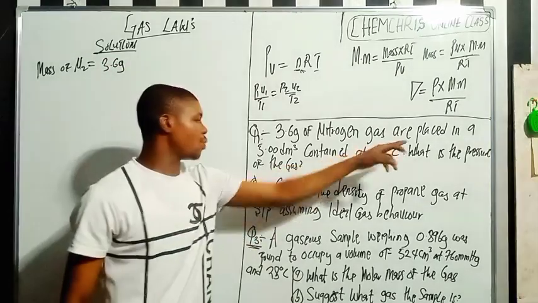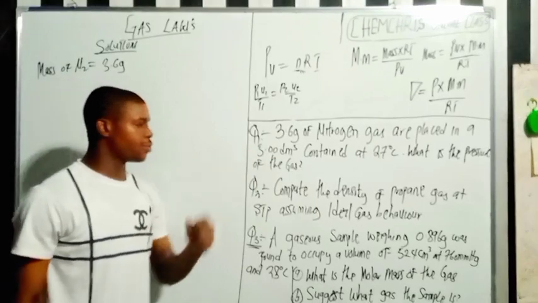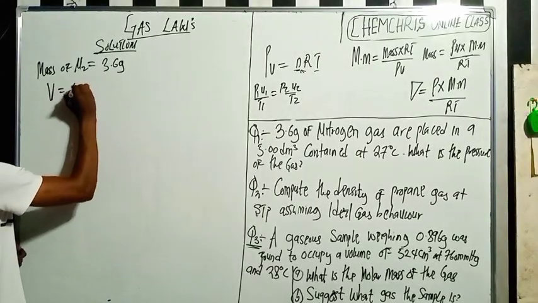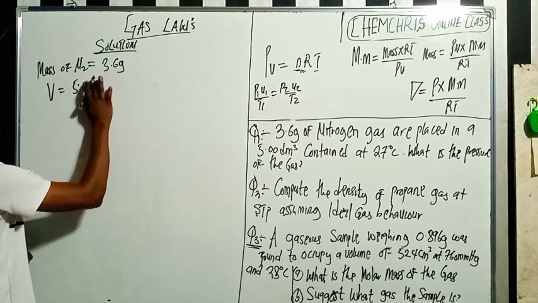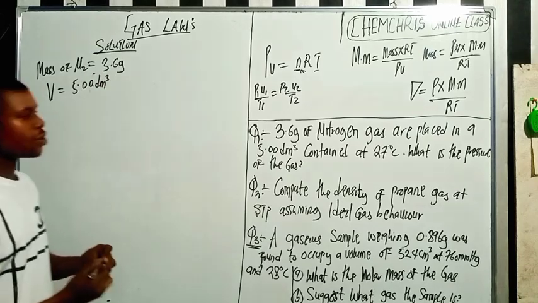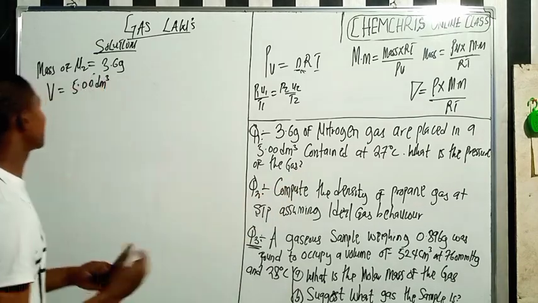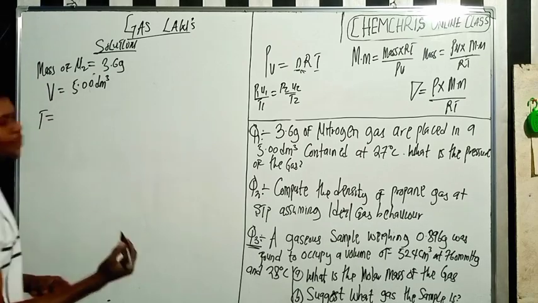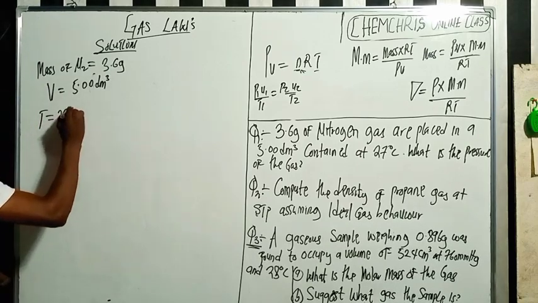Now, it is placed in 5.00 dm cube. So dm cube is volume. You can say volume of the gas is 5.00 dm cube, right? Now, contained at 27 degrees centigrade, right? So my temperature T is 27 degrees centigrade.